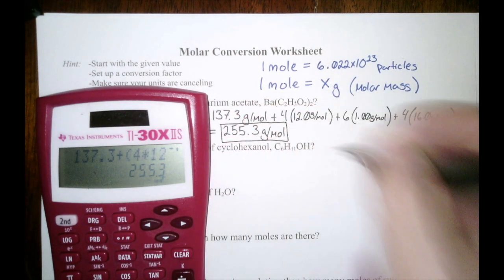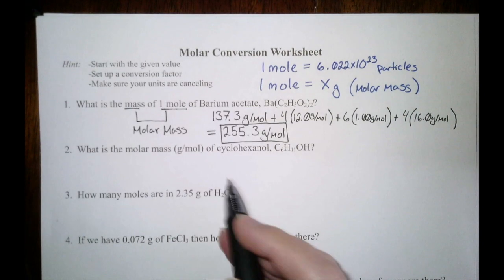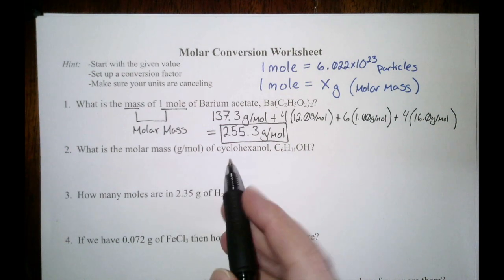Remember, the mass of 1 mole of any substance is its molar mass. Number 2 wants us to do the same kind of thing. What is the molar mass, grams per mole, of cyclohexanol?